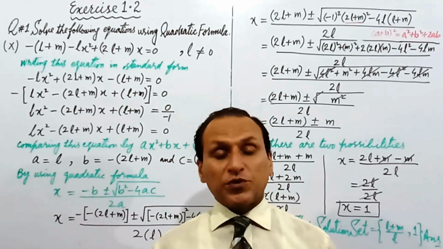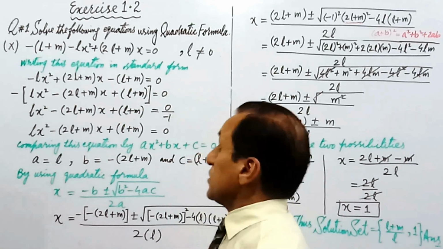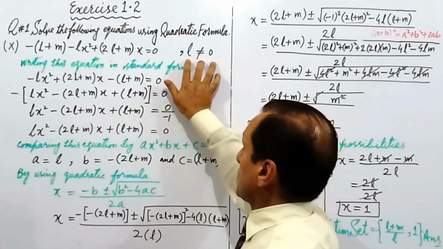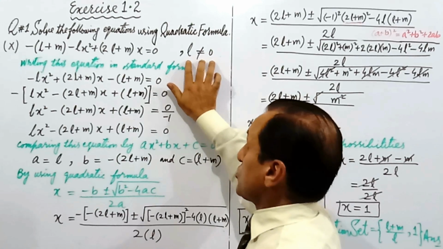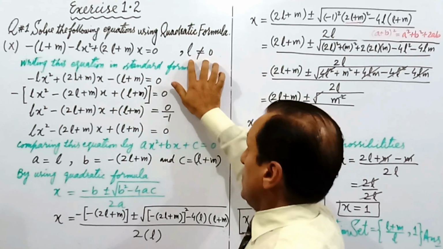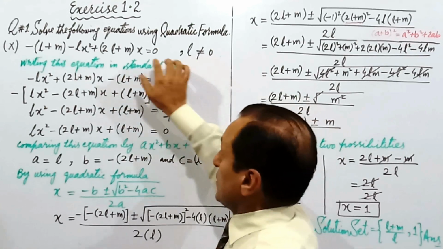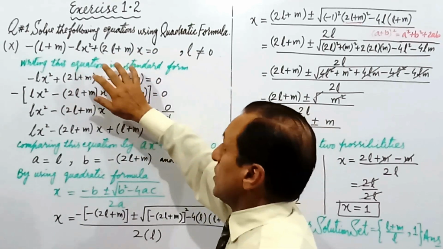Friends, one thing which you have to be clear about for all such questions in which such conditions are given to us. These conditions actually tell us that if we substitute that value, then it will not remain the conditional equation.